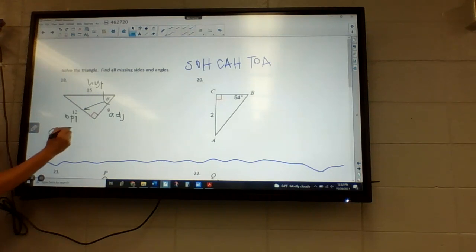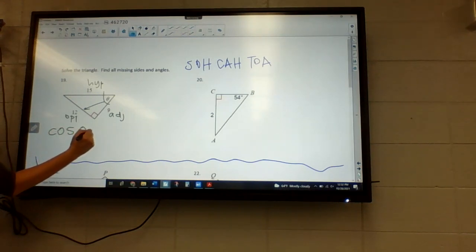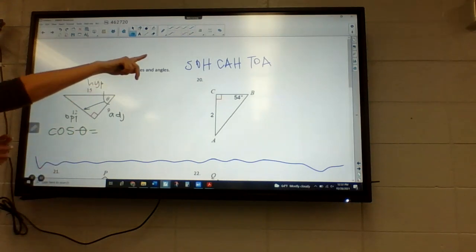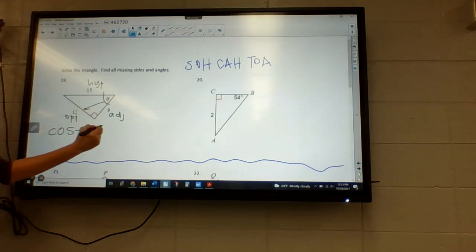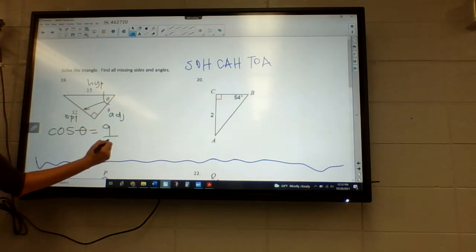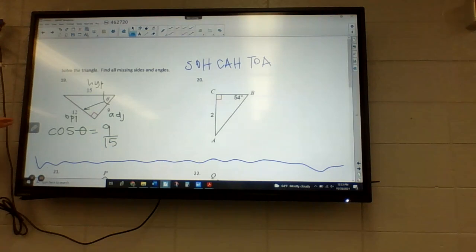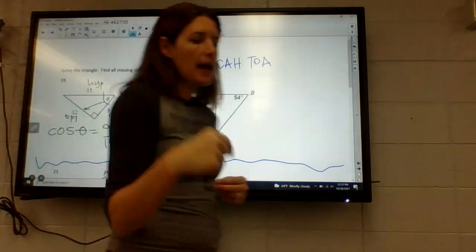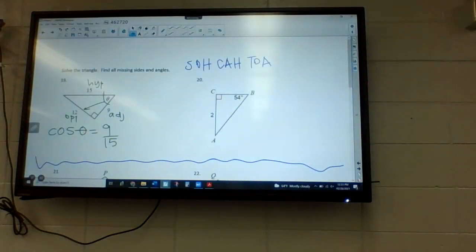Cosine. So cosine of theta is going to equal a over h. So we're going to do 9 over 15. Now in order to solve that, we have to use that inverse cosine. So you do inverse cosine of 9 over 15. And again, make sure you're in degree mode, because if your calculator does something kind of crazy, it probably means you're in radians.